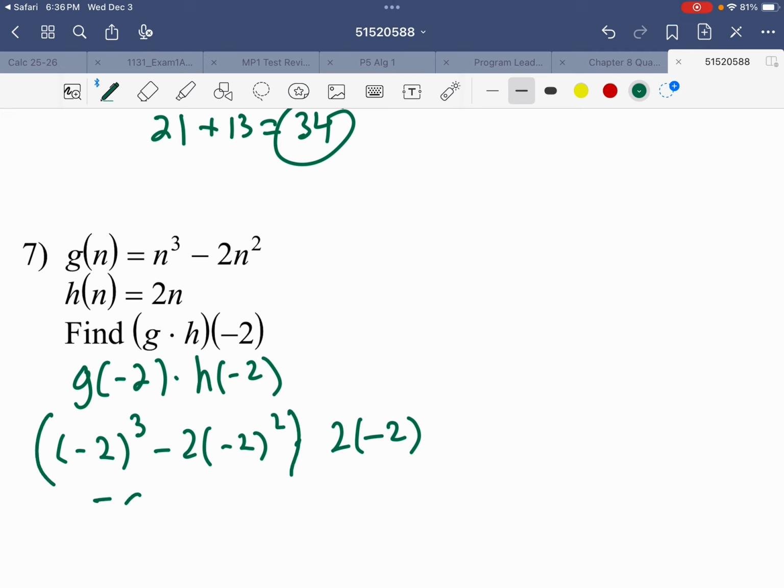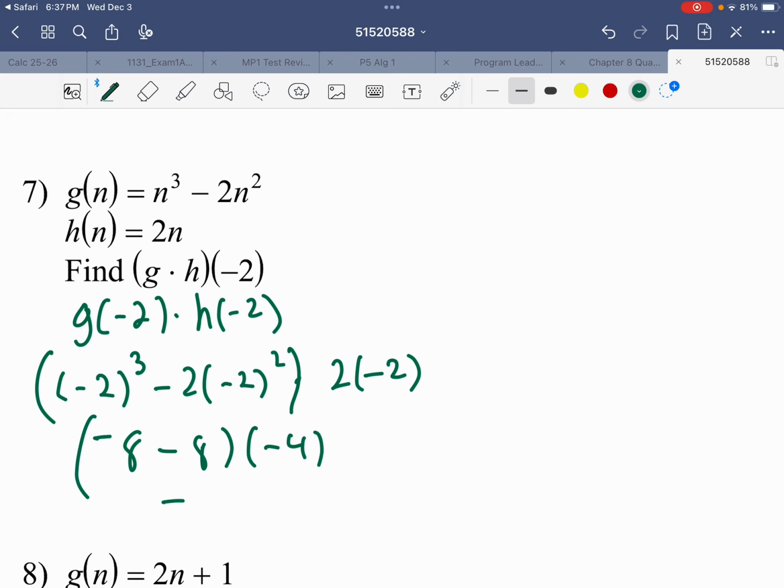Negative 2 cubed is negative 8. And I'm taking away negative 2 squared is going to be 4 times negative 2 is taking away 8. And multiplying this by a negative 4. Or negative 16 times a negative 4 to get a positive 64.